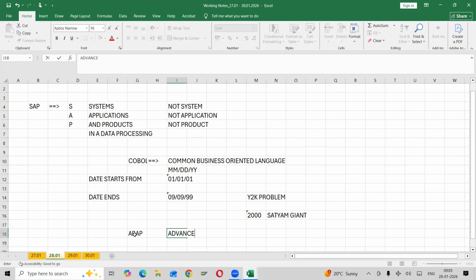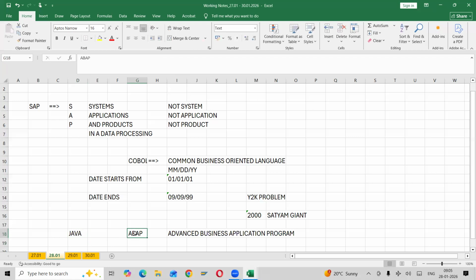It's Advanced Business Application Program. Again, we will discuss ABAP, as I said that we are going to have sessions on ABAP. This is the main root, taken from COBOL, but in the backend it works on Java.